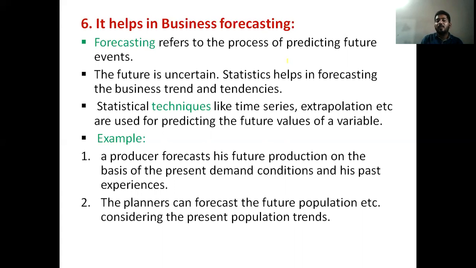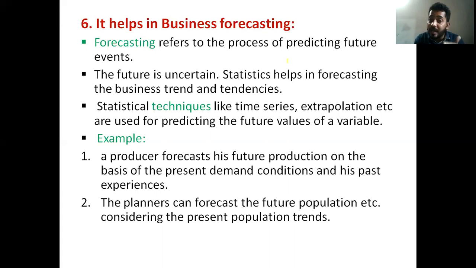For example, a producer forecasts his future production on the basis of the present demand condition and past experience. Just assume that you are a manufacturer, you are a producer, you manufacture goods.